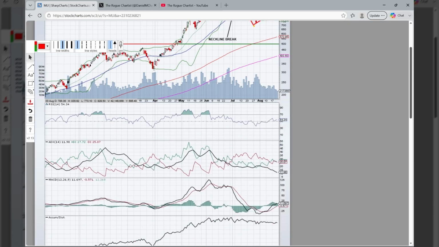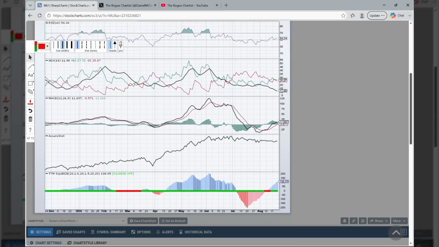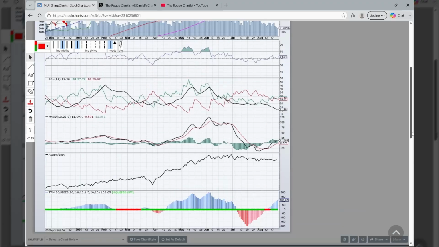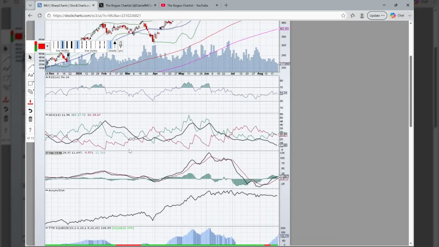And let's see what we got here. You can see in the TTM squeeze, the bear flag is indicative of what the TTM squeeze is doing. You can also see it in the MACD. It's creating its own bear flag here. What we're waiting for now is the ADX plus minus DI.